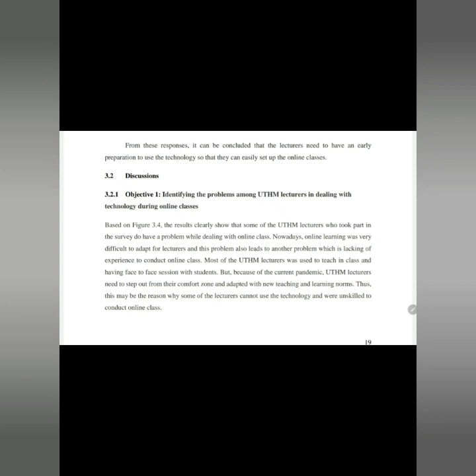For example, like this one, 3.2 discussion. Let me change the pen color. Discussion, 3.2.1, research objective 1.